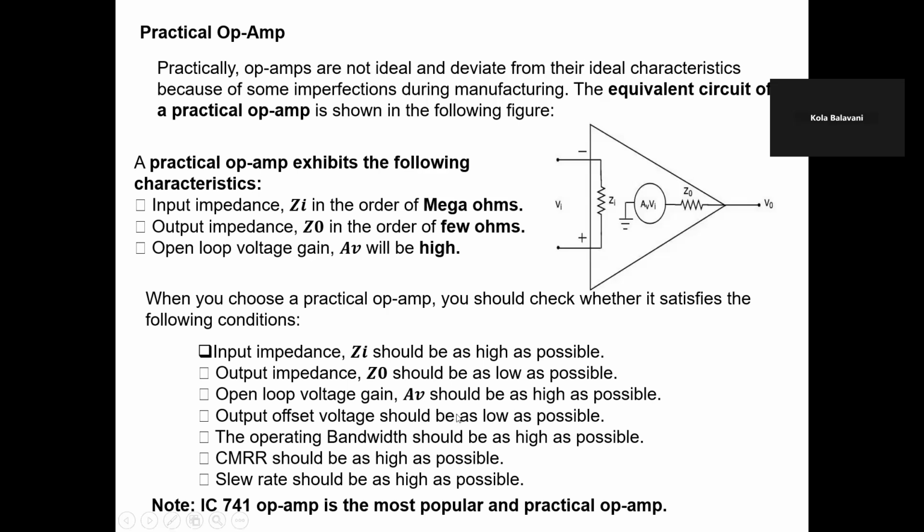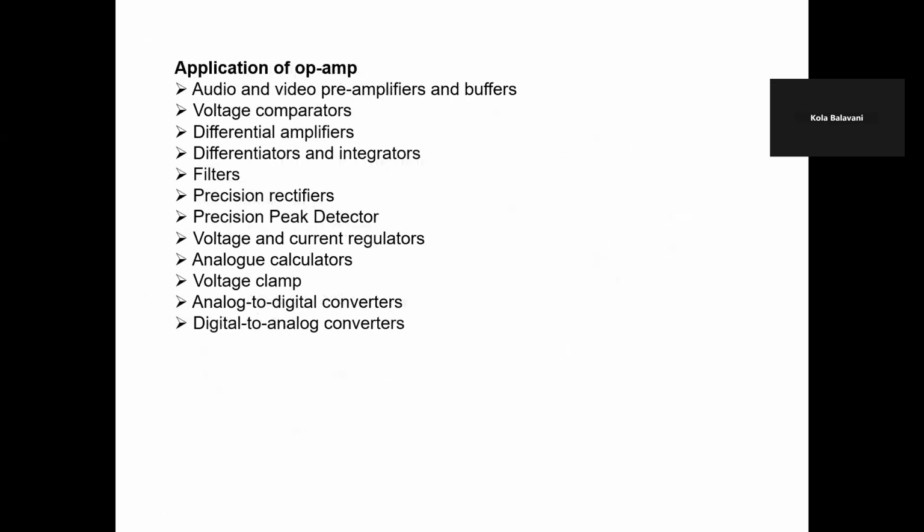Ideally this is zero, but as low as possible. The bandwidth value is high, and common mode rejection ratio is also as high as possible. Slew rate is also high. The IC741 op amp is the most popular and practical operational amplifier. So ideally all values are infinities; practically, those values are as high as possible except output impedance.